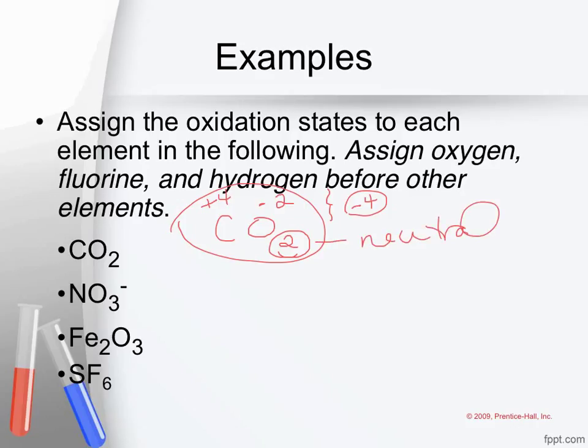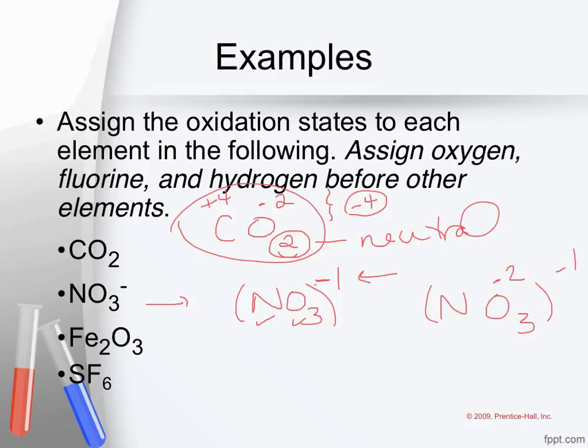Okay, let's tackle the polyatomic ion nitrate. The first thing to keep in mind is that the sum of the oxidation numbers of the nitrogen and oxygen atoms must add up to -1. So again, I start with oxygen. I'm going to rewrite this over here. Oxygen, as usual, has a -2 oxidation number.